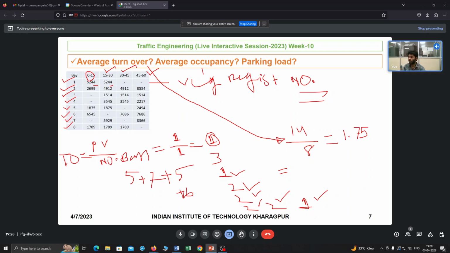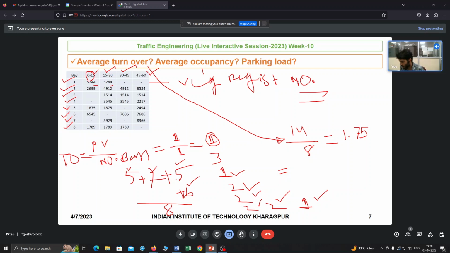So occupancy for 15 minutes is the parking accumulation, this. But since we want to calculate the average occupancy, this has to be divided by 8.